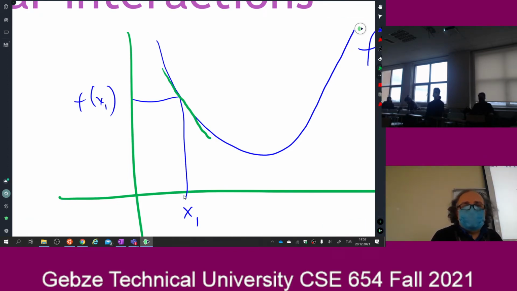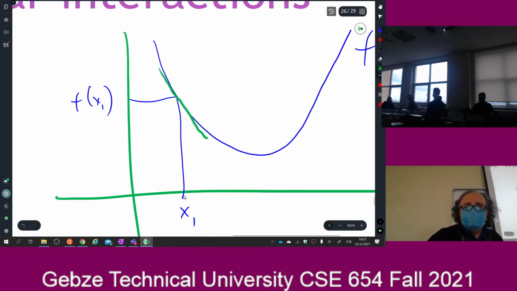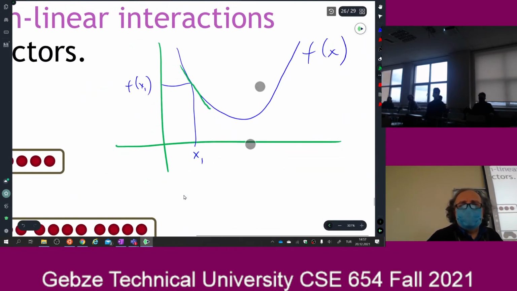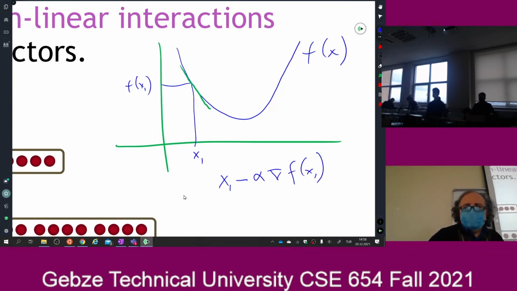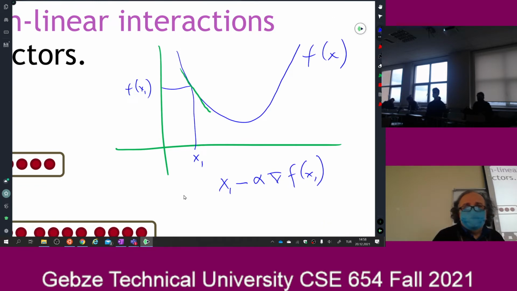This tangent line tells me that at that position, the function f is decreasing to the right. This is a negative slope, right? So maybe I should take x1 and subtract the derivative of x1 multiplied with this alpha.